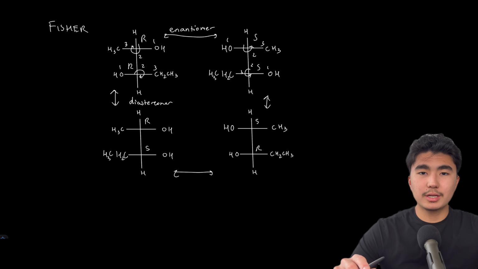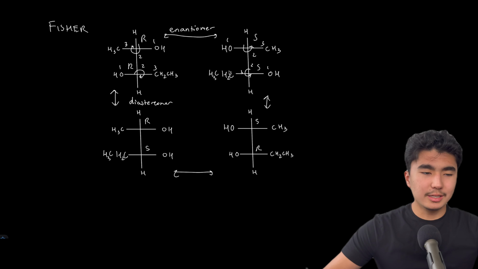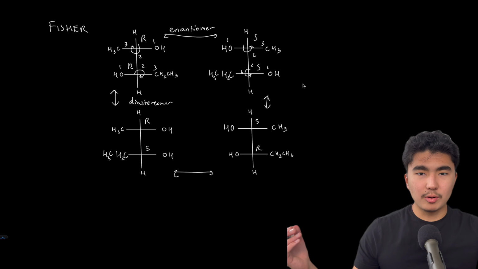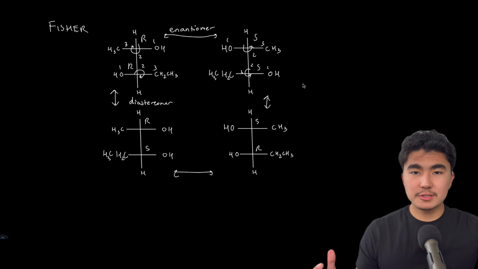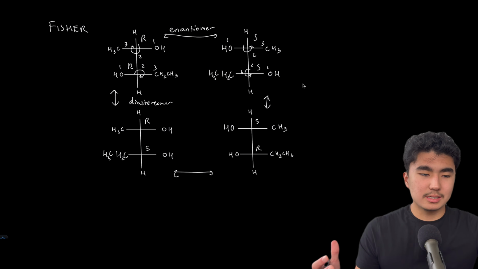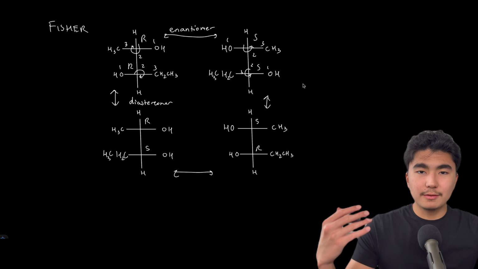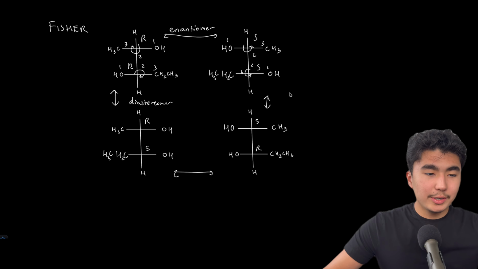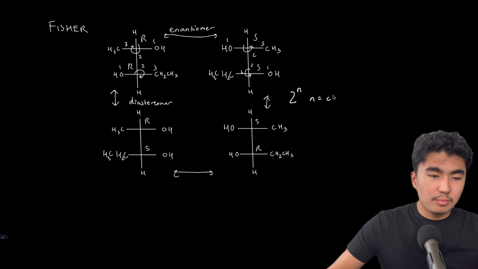Now this is an important topic to know, and it's like, I guess you could say, an equation. On the MCAT it might give you a molecule and ask how many different stereoisomers there are from this molecule, and the equation for that is 2 to the power of n, where n is the number of chiral centers.